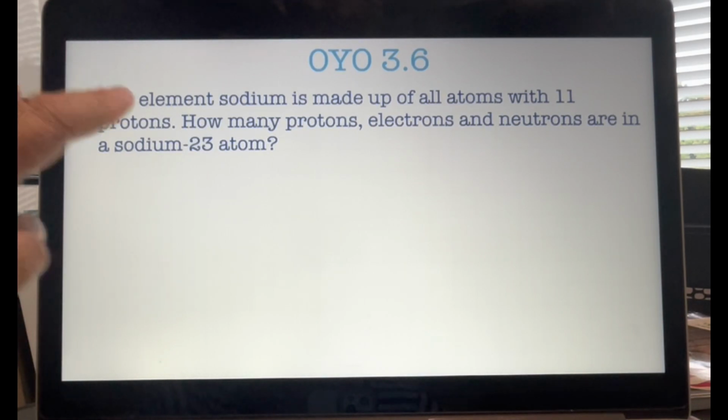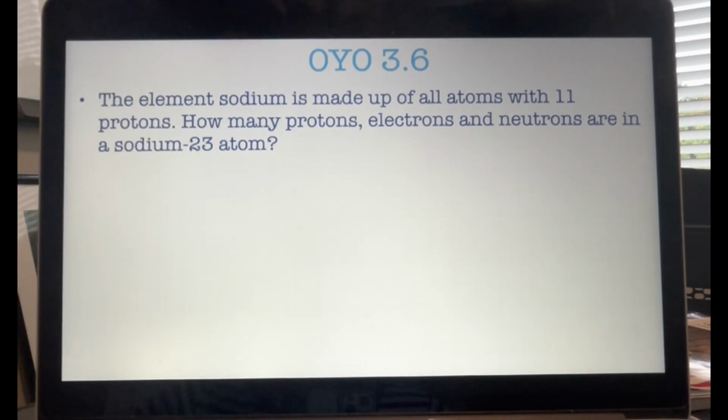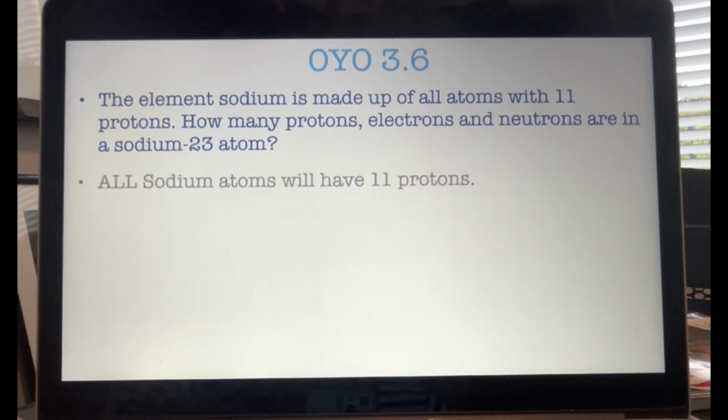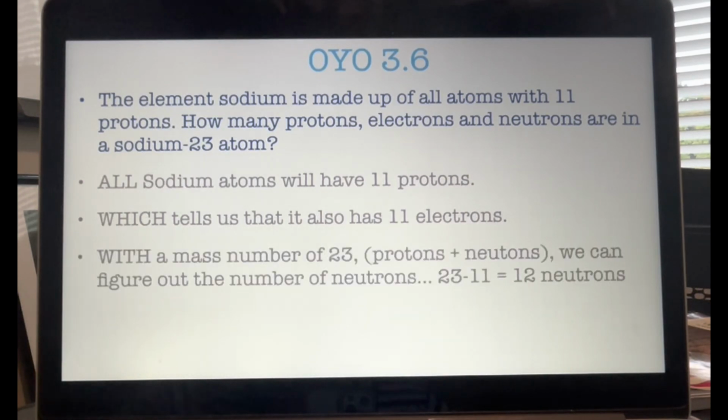Well, we look at our sodium-23 and we subtract the 11 protons from the 23. So all sodium atoms will have 11 protons, which tells us that it also has 11 electrons. With a mass number of 23, we can figure out the number of neutrons. 23 minus 11 is 12.